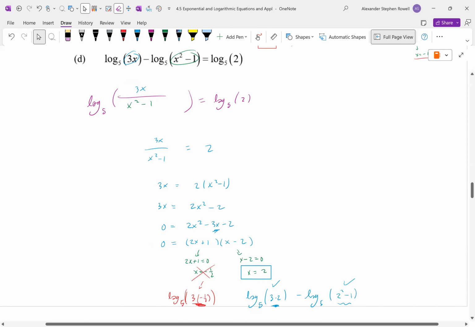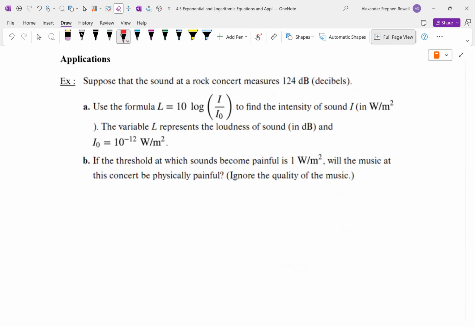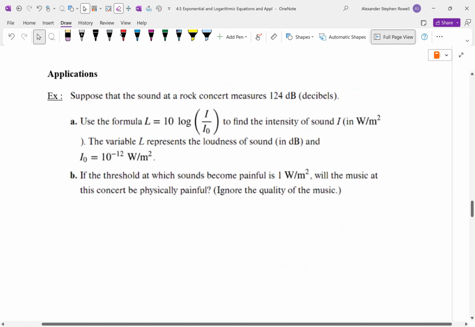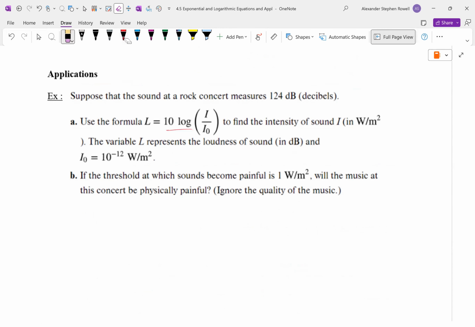Any questions about this? Okay, now we're to the application problems. For the log one, I'm going to refer you to the one we did last week. Yes, the earthquake one, 4.4, last question. So let me just state a few things here.